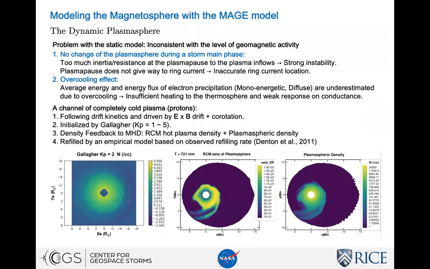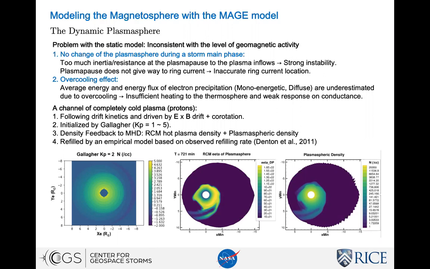Another new development is a dynamic plasmasphere modeled in the RCM. Historically, RCM uses a 2D static density profile that comes from the Gallagher model. However, there is no change in the plasmapause region during the storm time. And it often causes too much resistance to the plasma inflows, which may lead to strong instability and inaccurate ring current location.